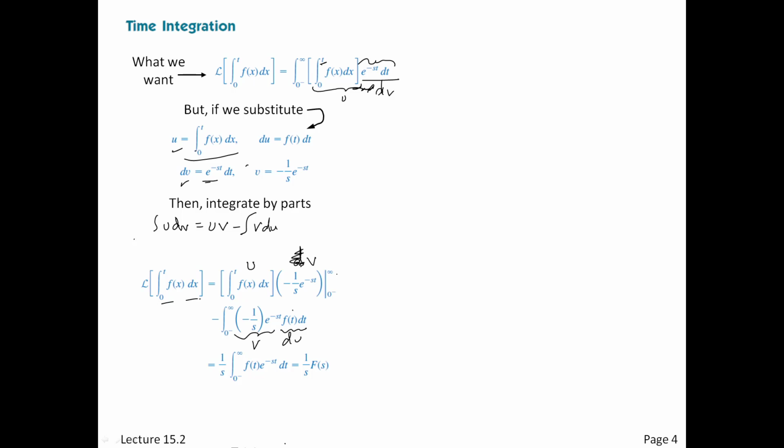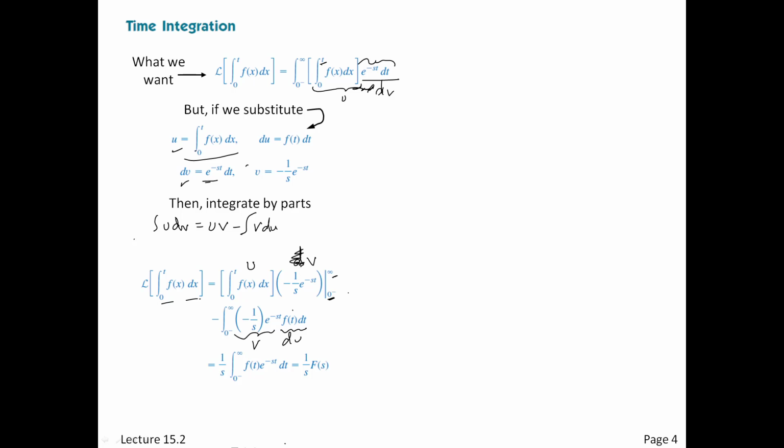These limits are around t. So when I plug in t equals 0, I get minus 1 over s e to the minus 0, which is 1. So I get minus 1 over s.